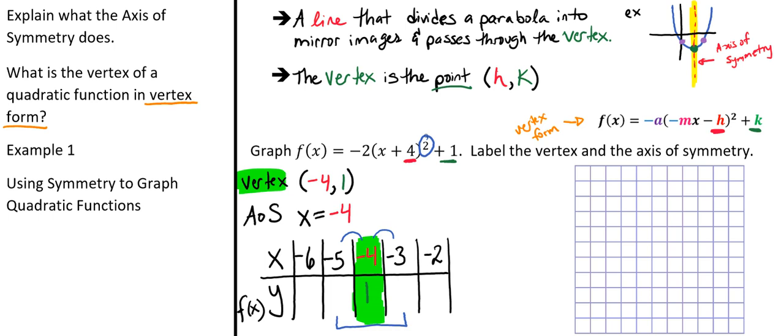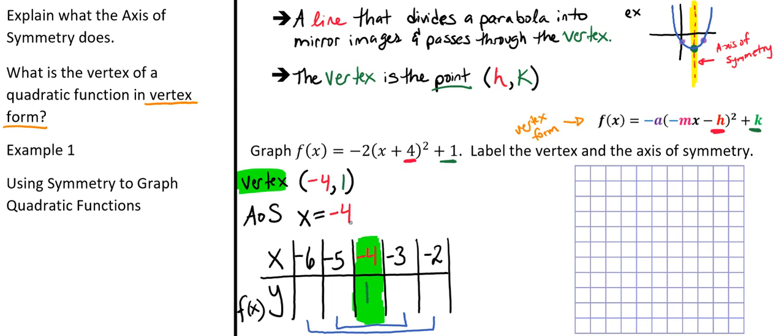So we get this U shape, this symmetric U. And the same thing applies to our -6 and our -2, because -2 is the same distance from -4 as -6 is from -4. That means our answers from -6 and -2 will also be the same, which means we only have to plug in the numbers once for each piece.